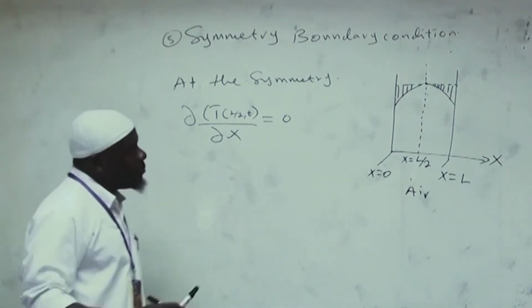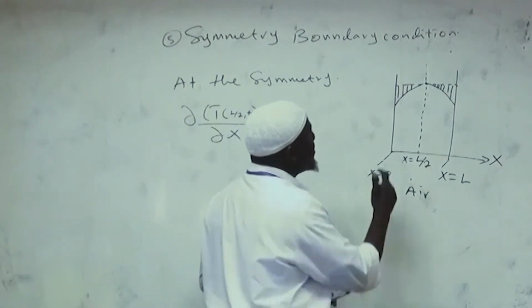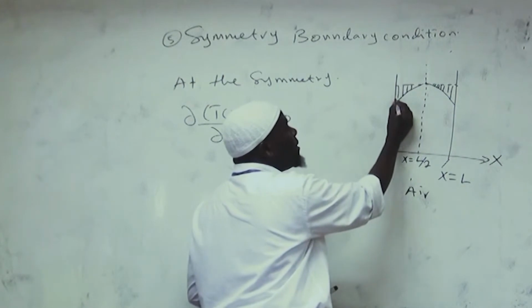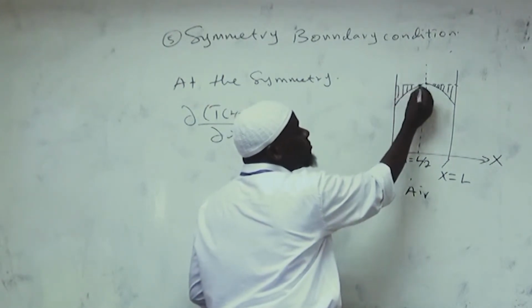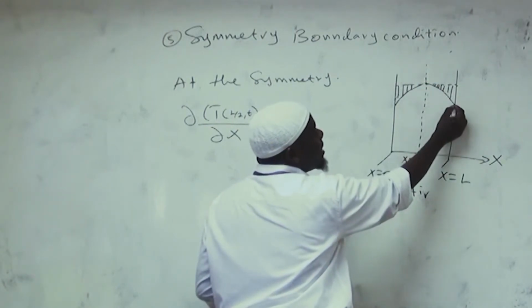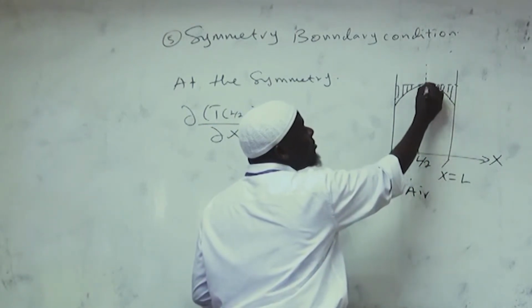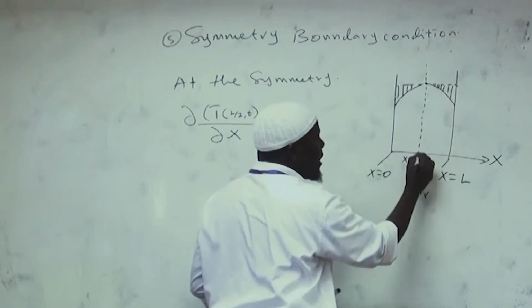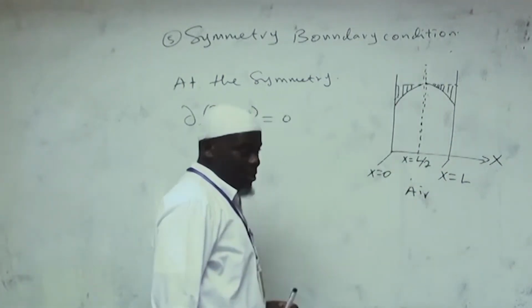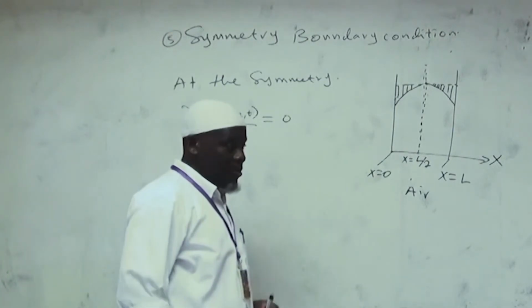So please bring your mind again here. Here we have a high temperature over here. What do you observe? The temperature starts reducing until it gets to the center. Similarly, the temperature will be reducing all along up to this point. But along this symmetry, is the temperature changing or not? The temperature is not changing.